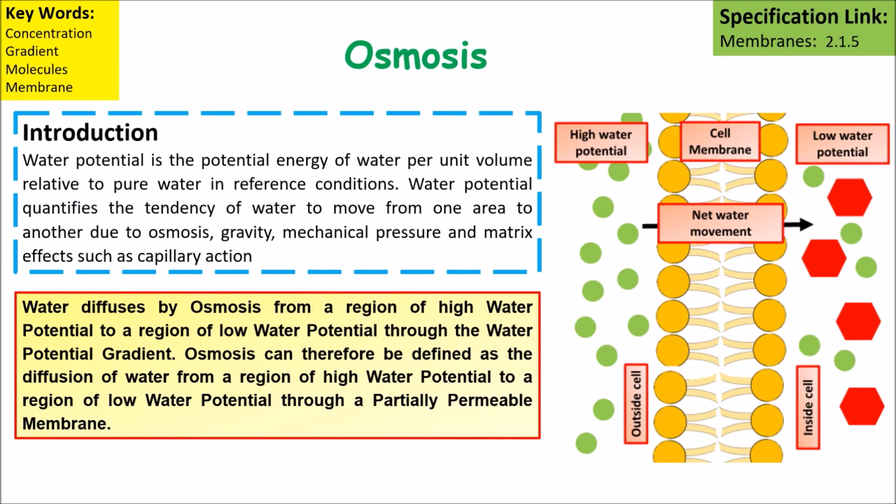Water diffuses by osmosis from a region of high water potential to a region of low water potential through a water potential gradient. Osmosis can therefore be defined as the diffusion of water from a region of high water potential to a region of low water potential through a partially permeable membrane.